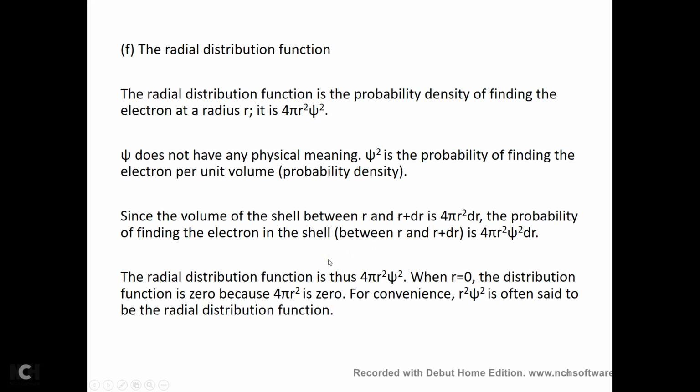Therefore, the probability of finding the electron in that shell is 4 pi r squared times psi squared times dr. So in this case, between r and r plus dr, the radial distribution is this part, 4 pi r squared psi squared. This is important because when r is 0, the distribution function is 0. Sometimes we drop this 4 pi because it's just a constant. With or without 4 pi, the shape of this distribution function is the same.